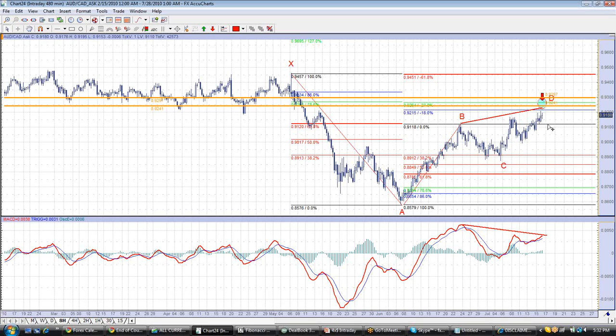I don't want to be selling here, I don't want to be selling here, I don't want to be selling anywhere else. I might find a bearish butterfly here, I might find a bearish head and shoulders here, I might find all different kinds of patterns all the way from here to here, but I wouldn't trade it because I know that this is the area where I want to find a pattern.